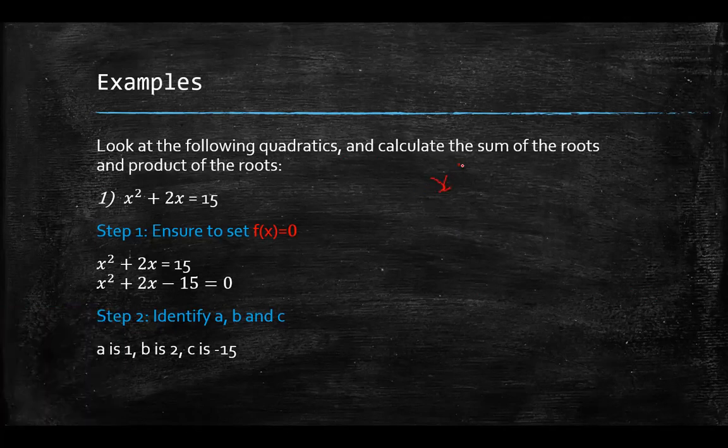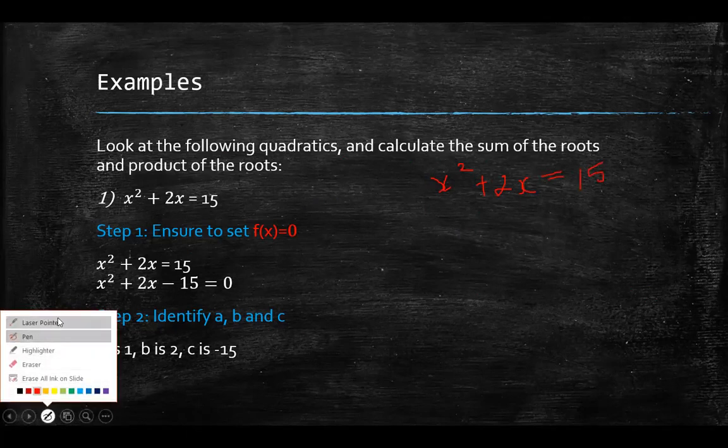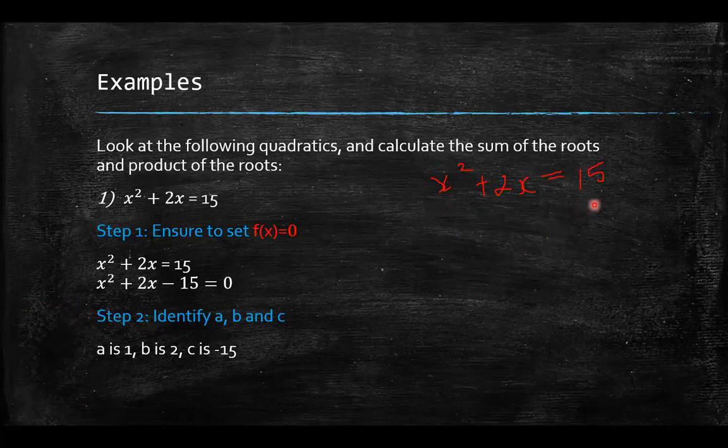X squared, say this is my quadratic, is equal to, let me just use the same example, 15. The first step you have to do is ensure that this quadratic is set equal to 0.